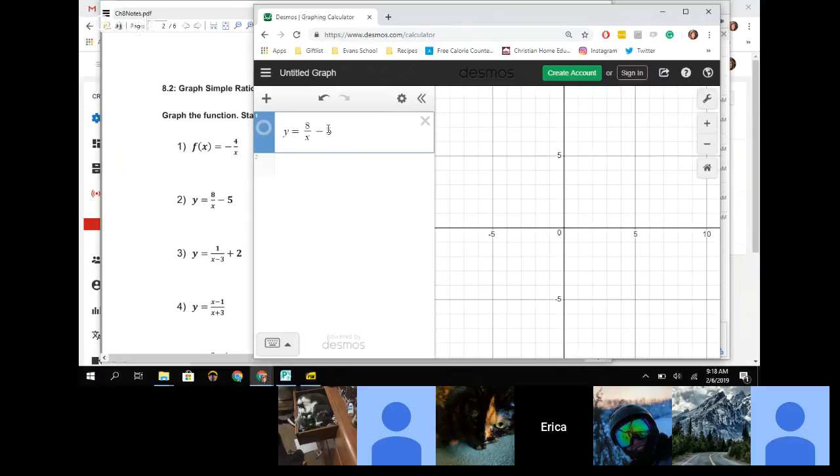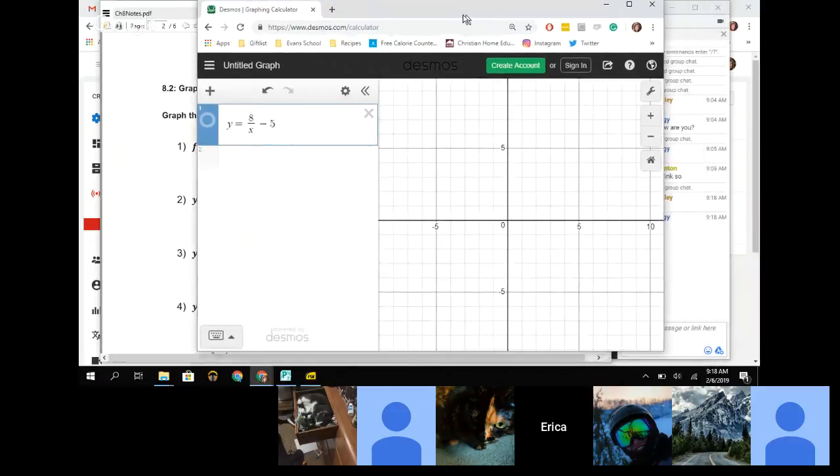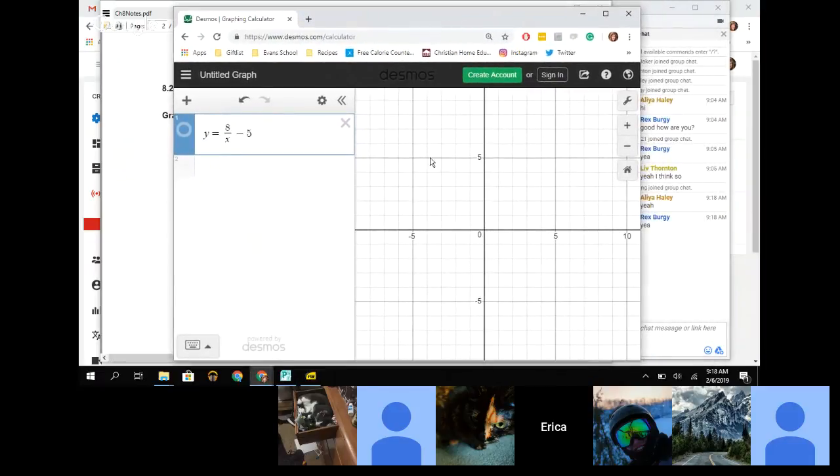Just think in your head, do you think that subtracting 5 is going to shift my graph up, down, left, or right? Does anybody have a guess? What do you think the minus 5 outside the function is going to do?